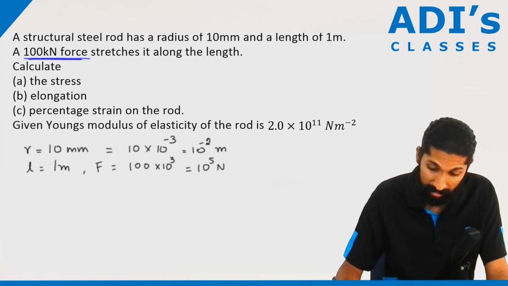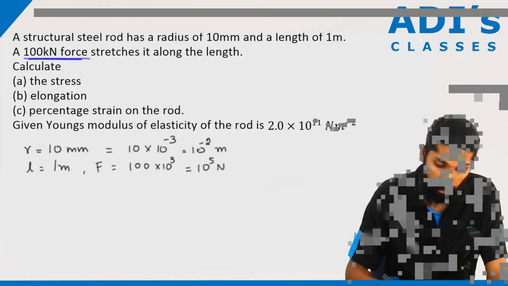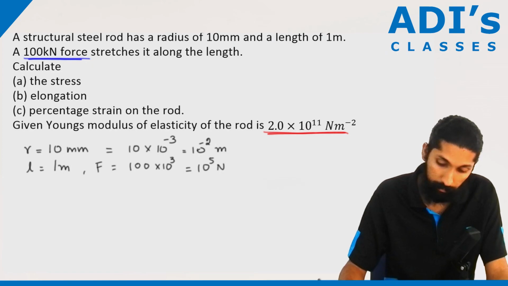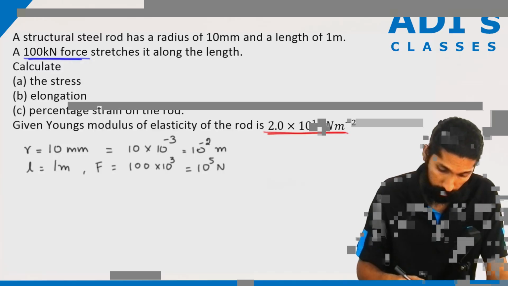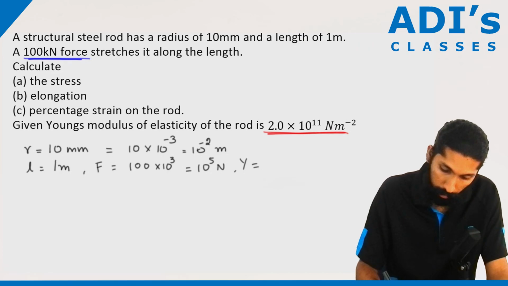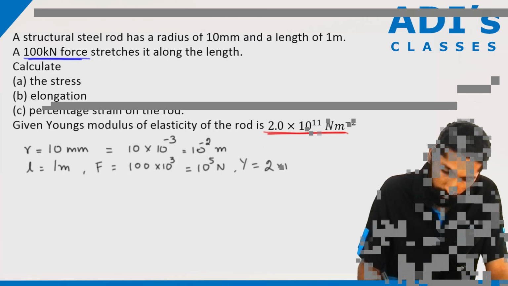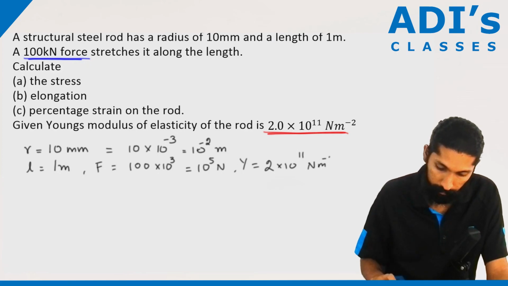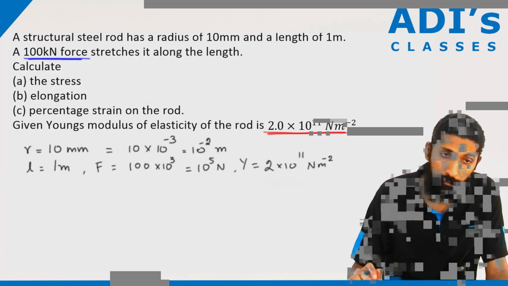Now, what else is given? A very important one: the Young's modulus. Let's write that down. You have Y equal to 2 into 10 to the power of 11 Newton per meter square. These are the given information.